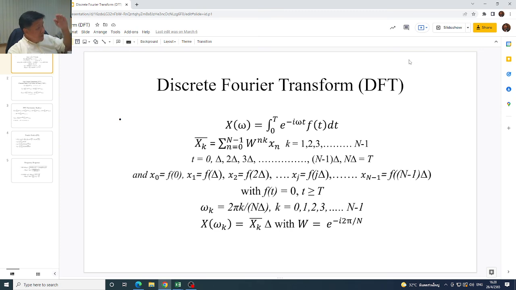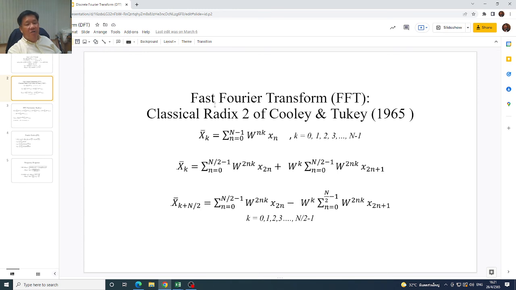The number of operations is reduced from N squared to N log base 2 of N. For a very large N, that is a tremendous decrease in computation time. And that's the whole idea of what we call the fast Fourier transform.